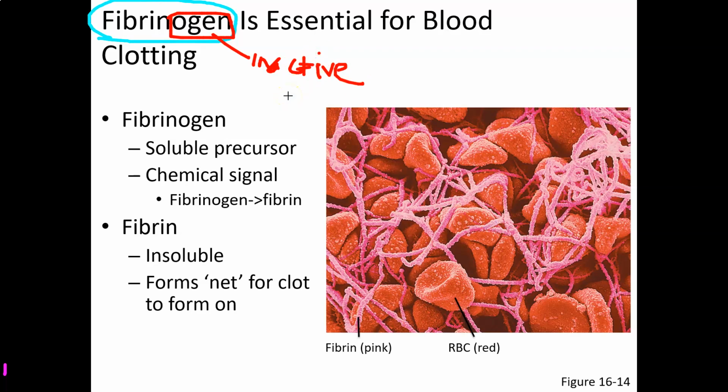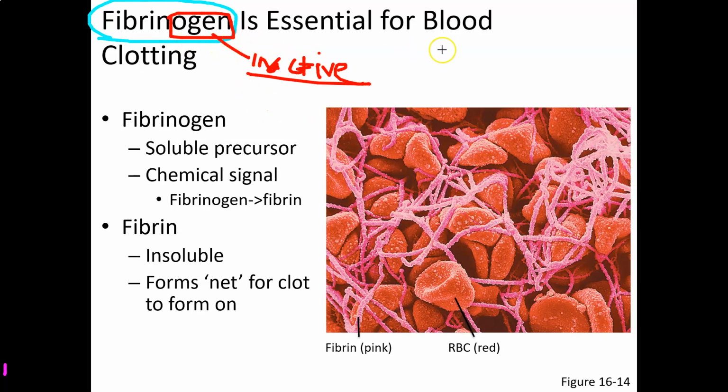It says inactive right there. And you might have seen this like pepsinogen, right? Pepsinogen is what we call a zymogen. It's an inactive enzyme until it gets activated. And fibrinogen is the same thing.